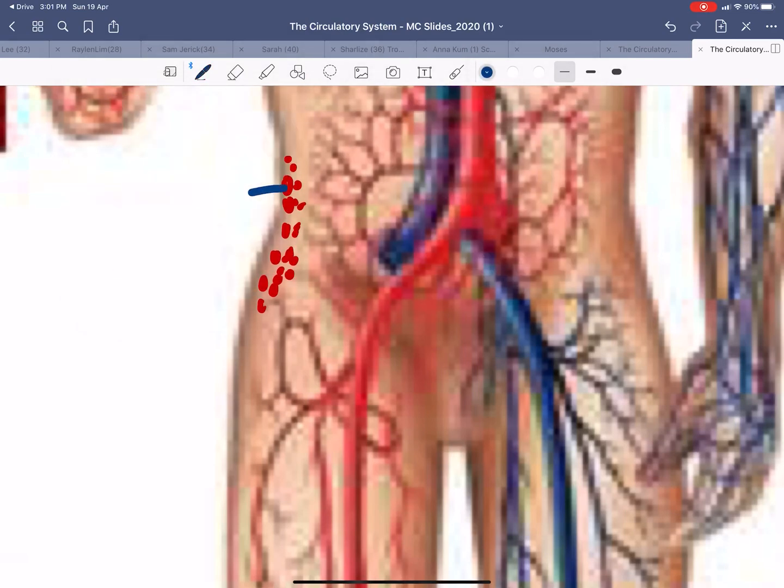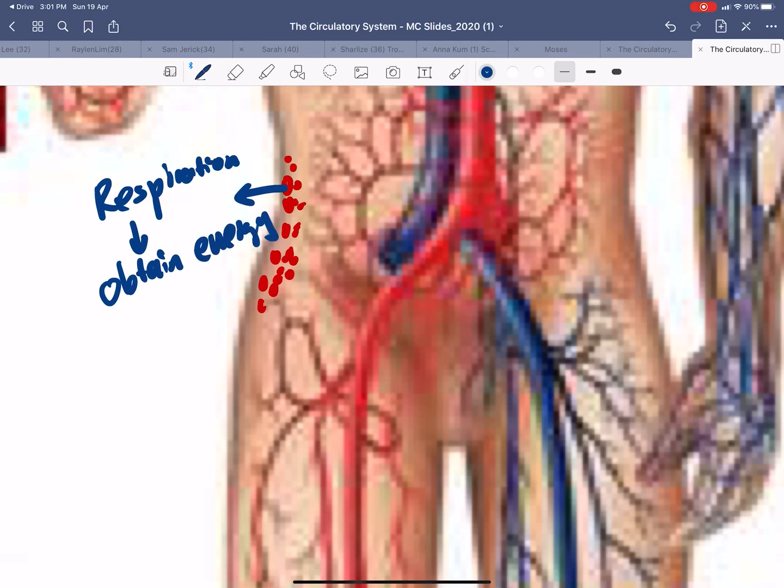So what happens is that each and every one of these cells, generally, they are undergoing something known as respiration. Okay, now the whole concept about it, if you recall, is to actually obtain energy from food, okay, digested food, all right, in the presence of oxygen.